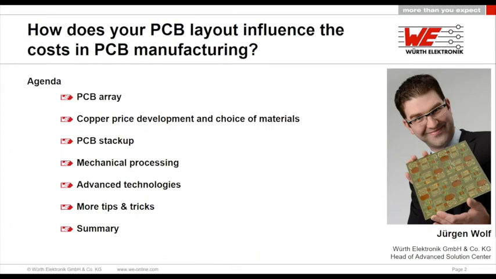Move on to the advanced technologies, which means I have a few slides about rigid flex, HDI, and other technologies which can be used in PCBs. In the end, I have some tips and tricks for layout, what gives us issues during, for example, design rule checking, which still causes cost and therefore needs to be avoided. And in the end, we have a short summary of all these topics on one slide.